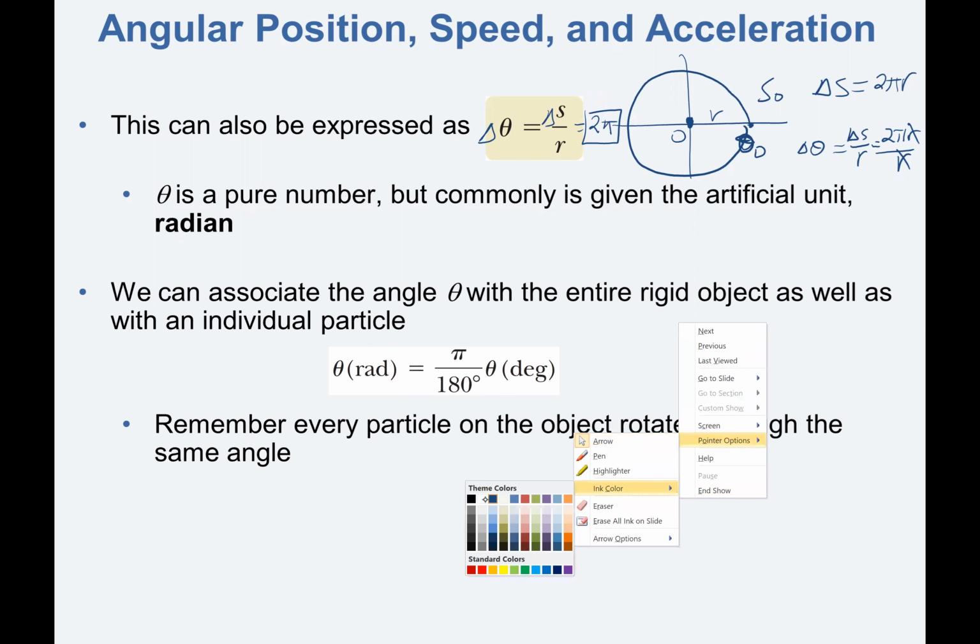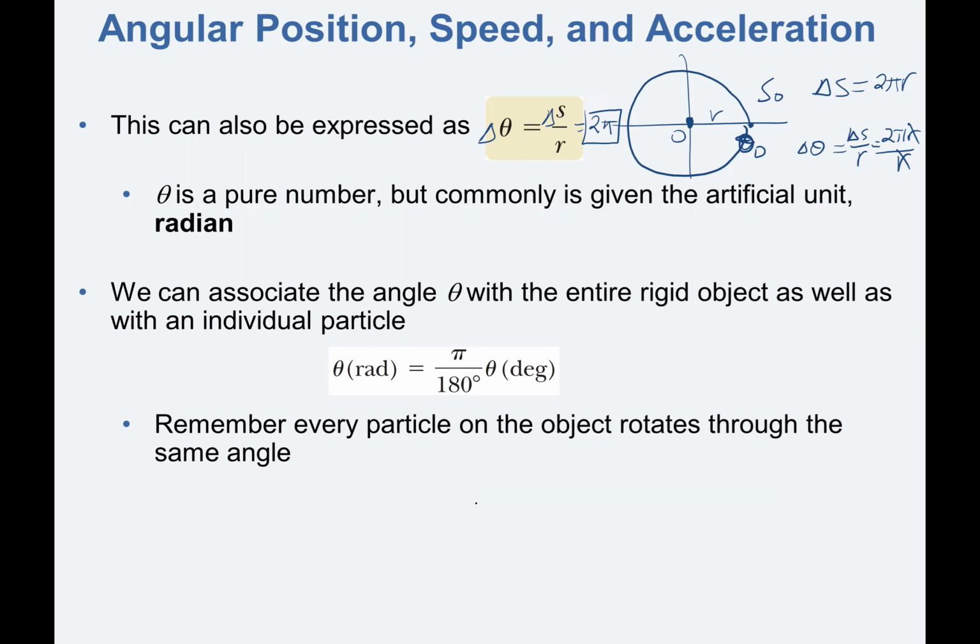One of the things we have here is that sometimes theta will be given in terms of degrees, and you need to convert it to radians, but the units for theta, which is a pure number, is radians again. So when I give you theta equals pi, remember, it's just a number, 3.14, good enough, but it has no units.